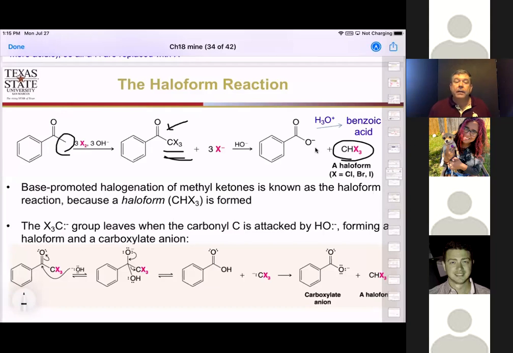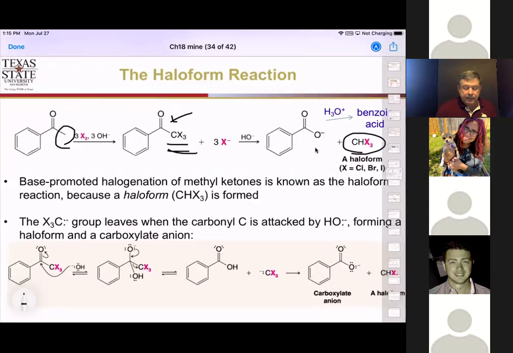Okay, so the keys for the haloform reaction are that it must be base catalyzed, because if it was acid catalyzed, it would stop at one halogenation. So it has to be base, and it has to be a methyl ketone, because you have to have three alpha hydrogens to substitute to give us that trihalo carbon as our leaving group.